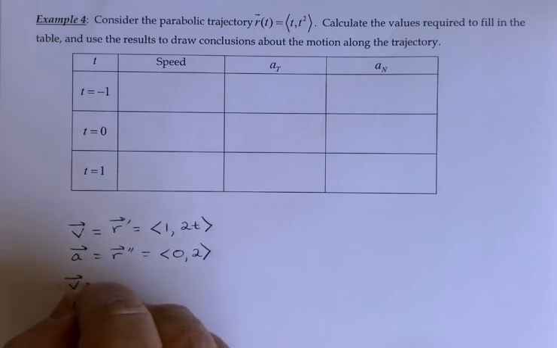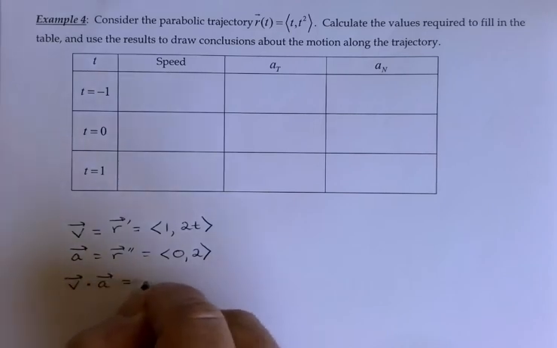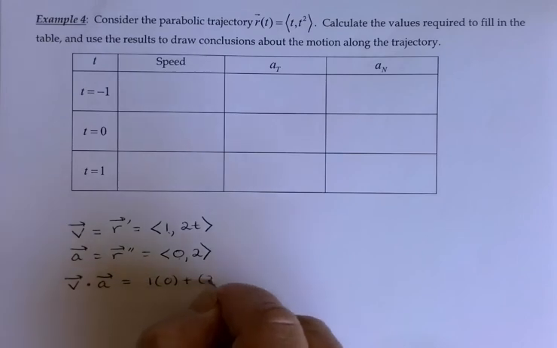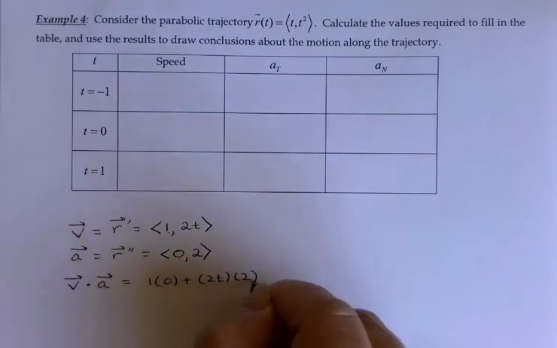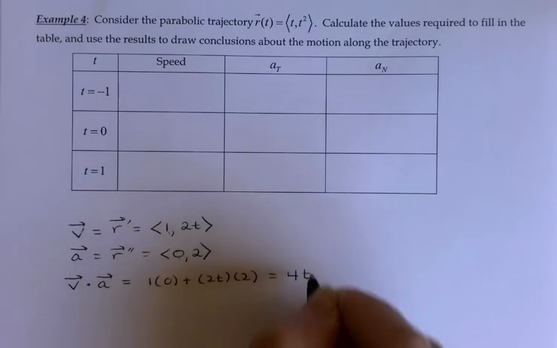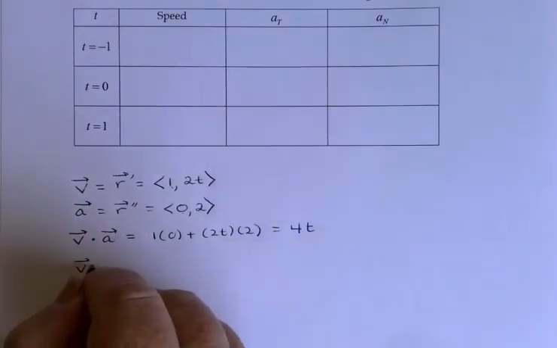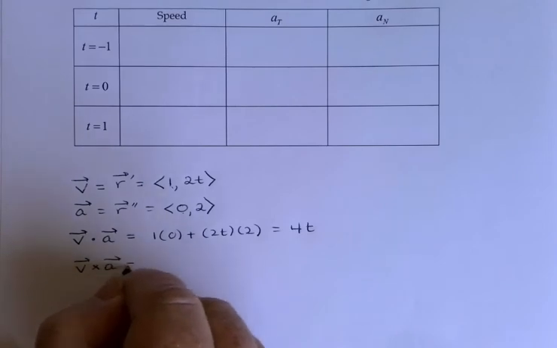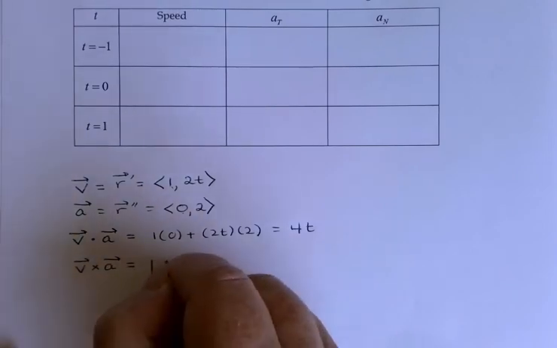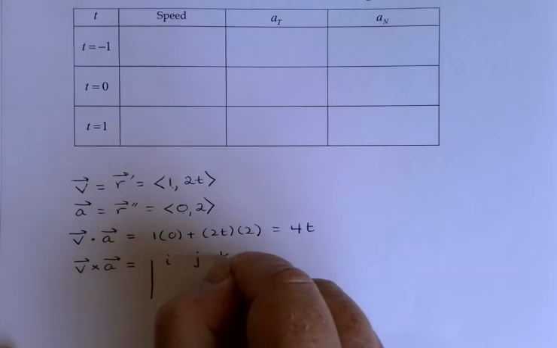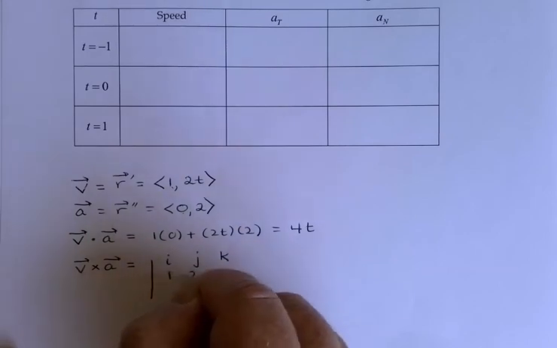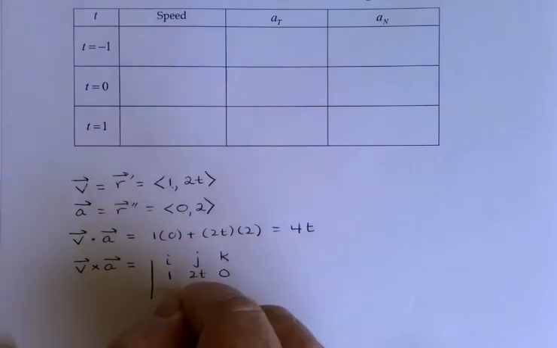We're going to need them both. v dot a would be 1 times 0 plus 2t times 2, or 4t. And v cross a, since this is a two-dimensional situation, I'm just going to go ahead and put zeros in for the k's.